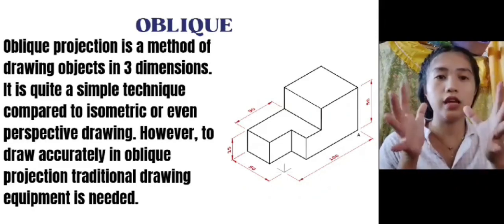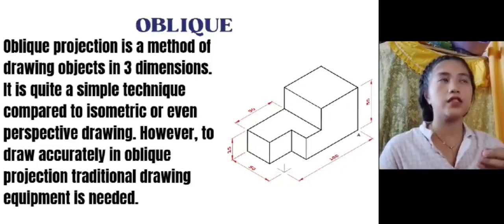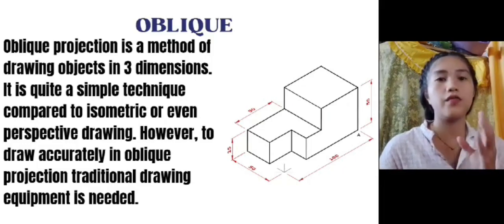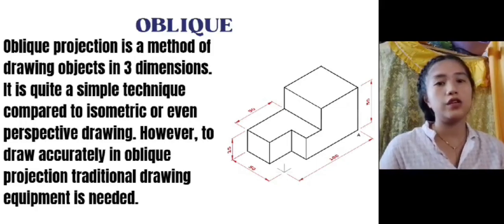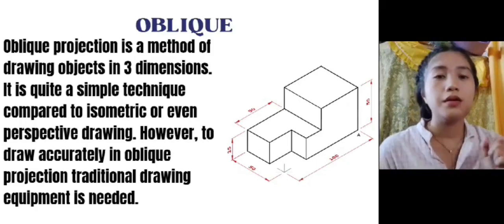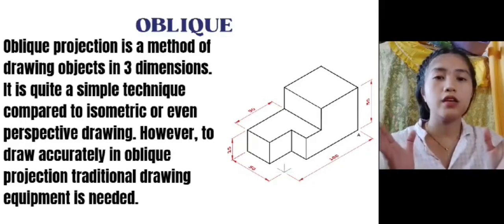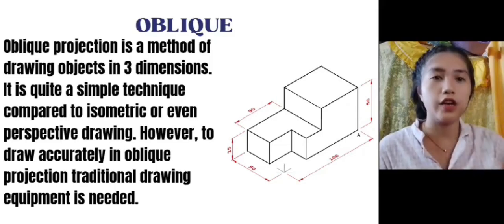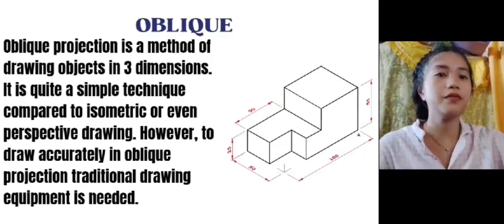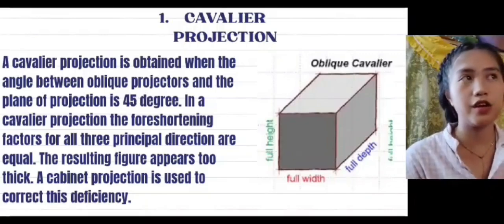This front face looks just like an orthographic front view, while the sides are drawn at an angle to give a 3D effect. So basically, the sides are used to make it more real, para may 3D effect siya.